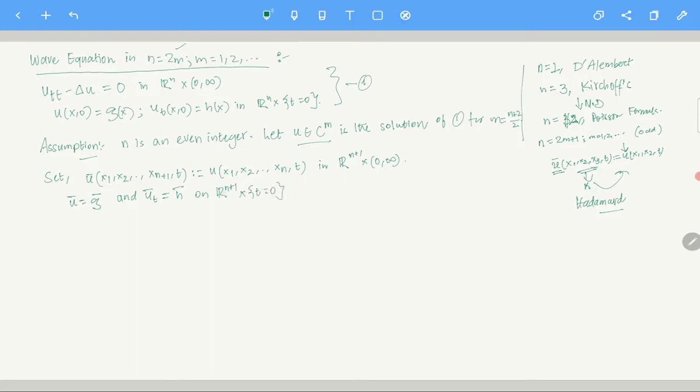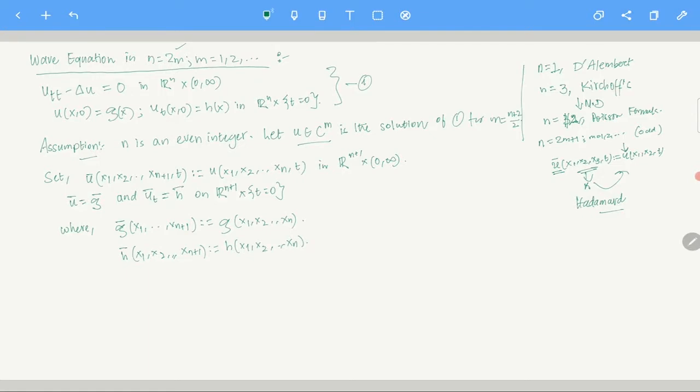Okay, so here, of course, you remember how we defined g bar: g bar of x1, ..., x(n+1) is given by g of x1, x2, ..., xn, and h bar of x1, ..., x(n+1) is defined by h of x1, x2, ..., xn.